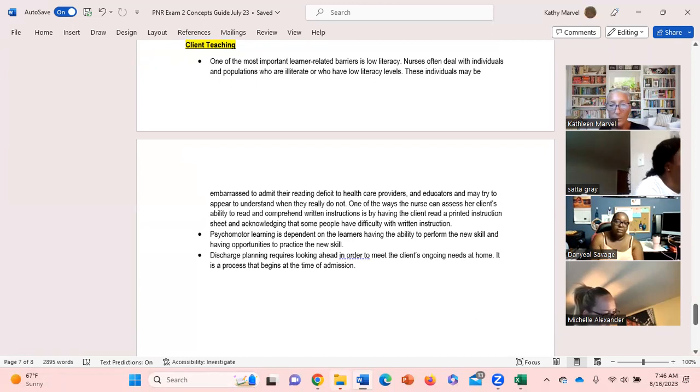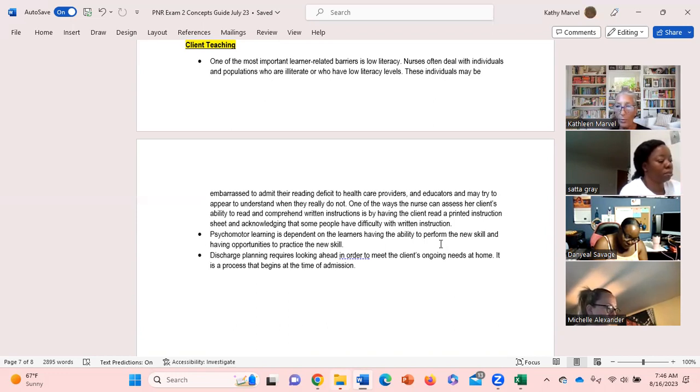Then psychomotor is simply performing the task, having the ability to perform the skill and practice it. That's the hands-on. So you have to be able to distinguish between all 3. And we'll go over that in class.